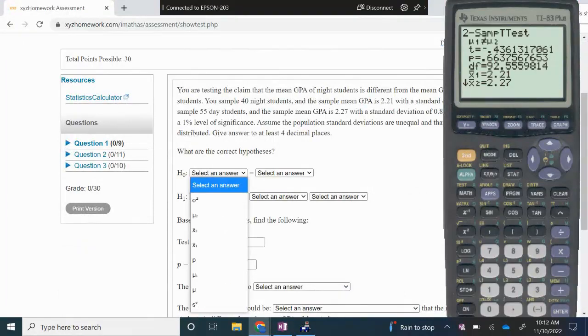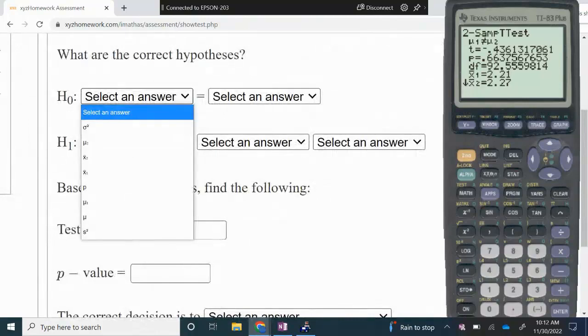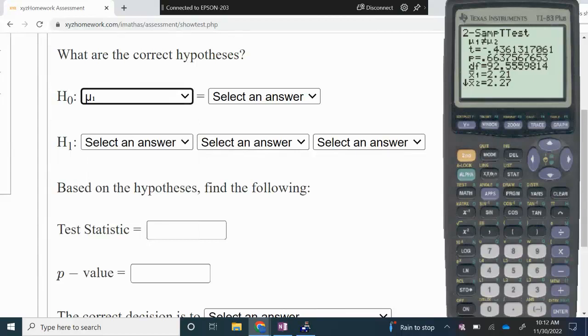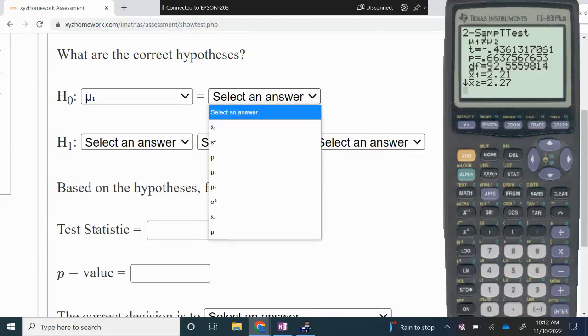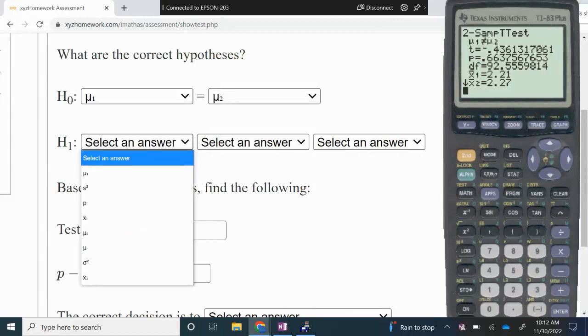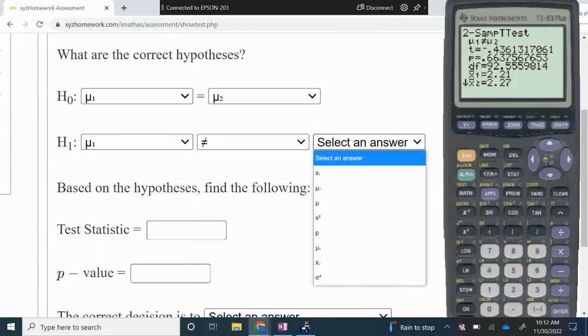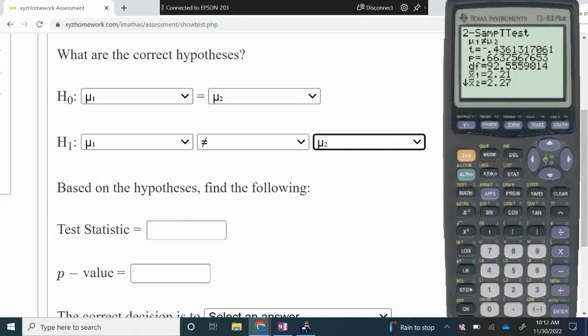All right, so mean 1 is equal to mean 2. And for our alternative hypothesis, we have mean 1 is not equal to mean 2.